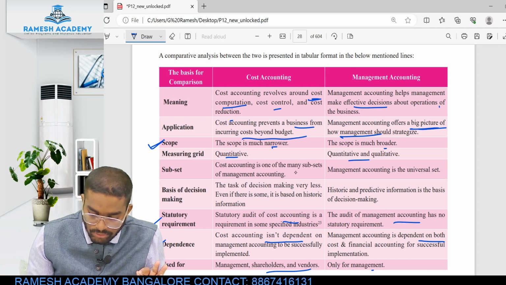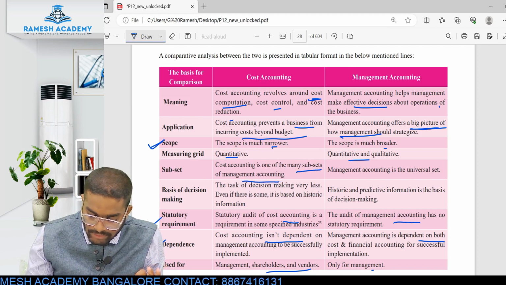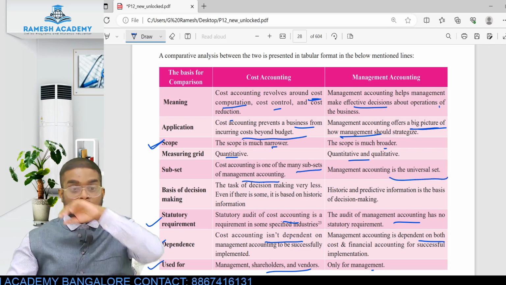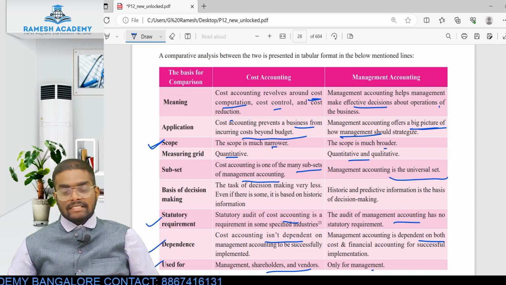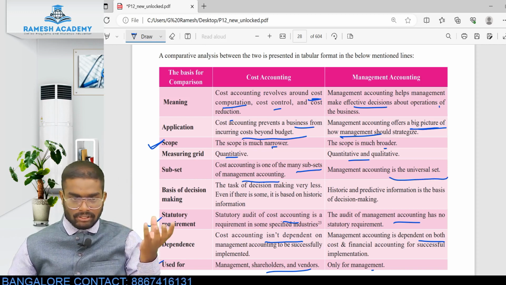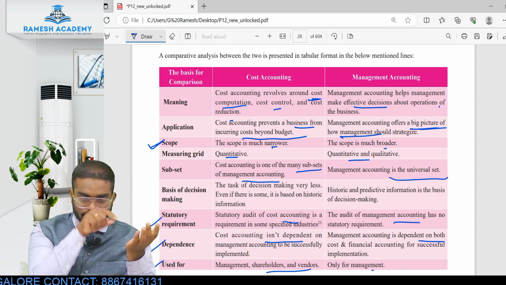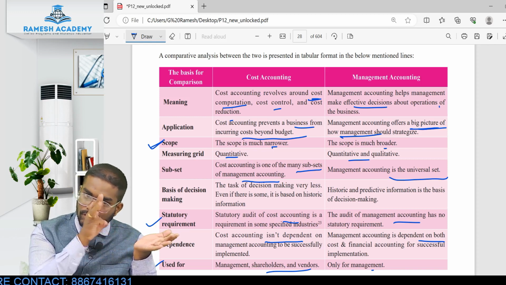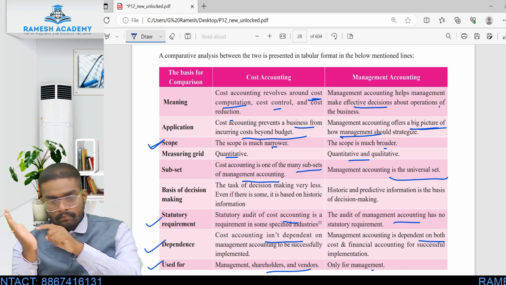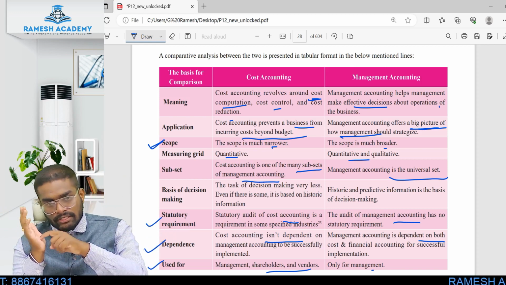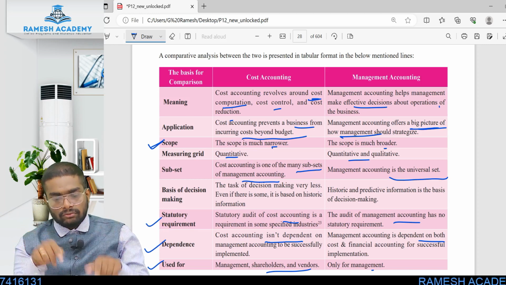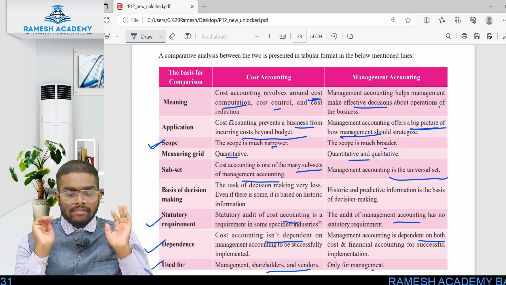See, cost accounting is one of the many subsets of management accounting. Management accounting is a universal subset. As I told earlier, management accounting has everything. It includes cost, it includes finance, it includes qualitative information. Does cost accounting have financial accounting? No, that's the point they are making here.